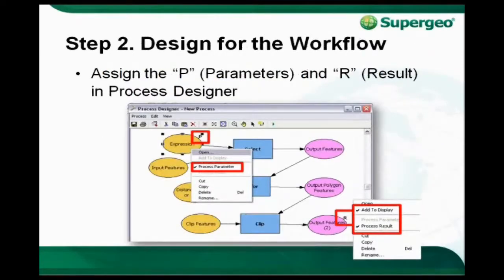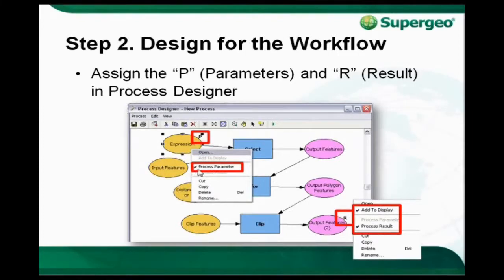Here is the second step, designing the workflow. In this step, it is very important to change some settings, especially when you are publishing an interactive web service. For the workflow in the Process Designer window, you should assign the parameters and the results. Take buffer for example. The distance to build a buffer area belongs to the parameters.